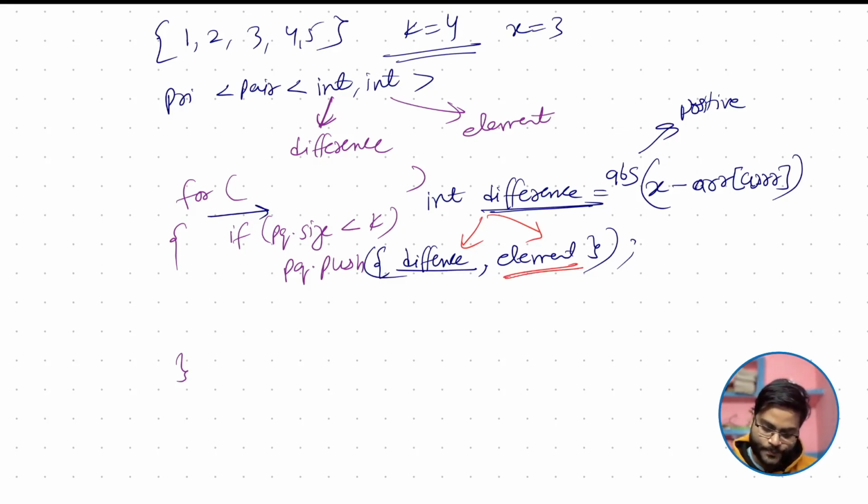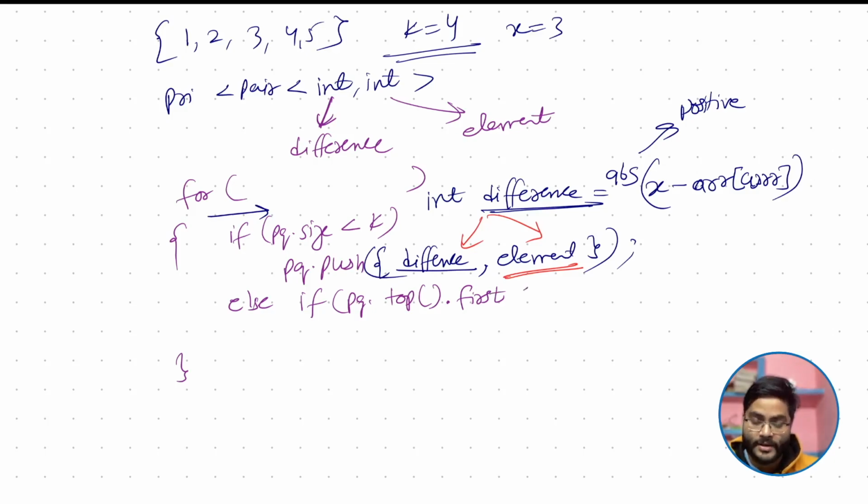Now if that is not the case, we know what we want to do. We will check the top. If pq dot top, on the basis of difference, I will take pq dot top dot first.